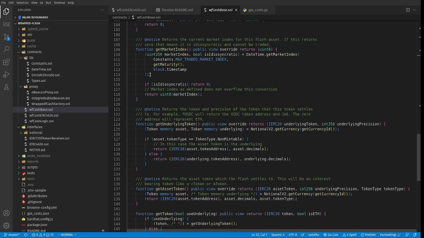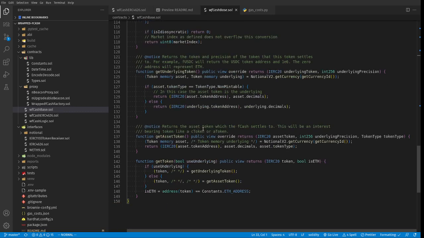So for some period of time that's tradable on the 6-month market. But as you get closer to maturity, that fCash may now trade at the 3-month market. And so this get market index will return the proper market based on the time. And then there's some other methods here to go get the token addresses and their precisions and things like that.